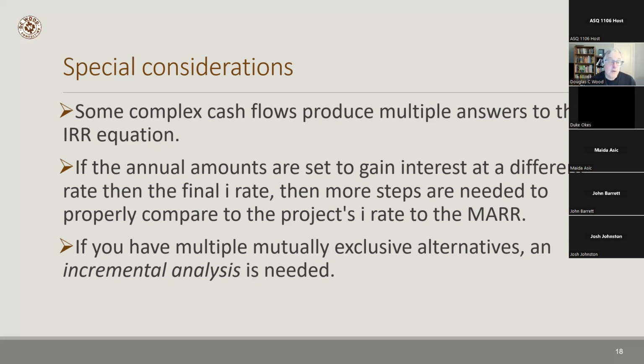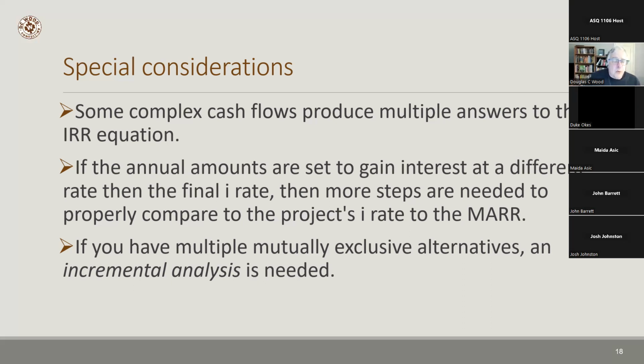And if you have multiple mutually exclusive alternatives, you know, we can do A, or we can do B, or we can do C, then frequently you need to do an incremental analysis. So how do they compare year one? How do they compare year two? How do they compare year three?